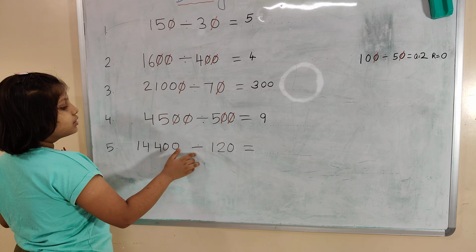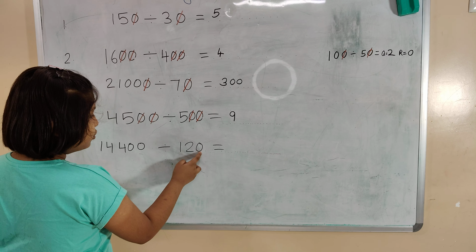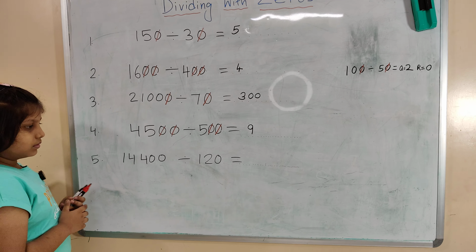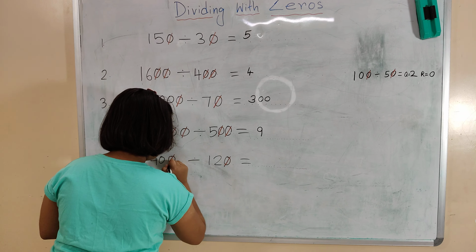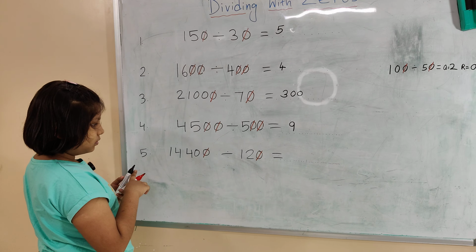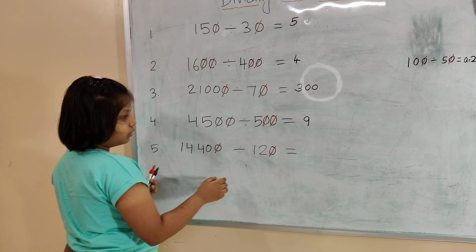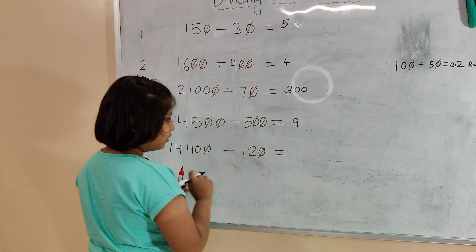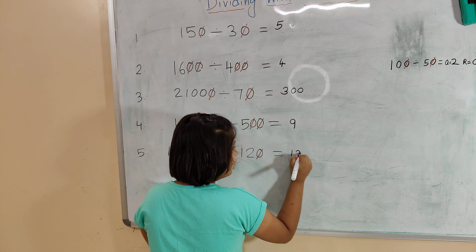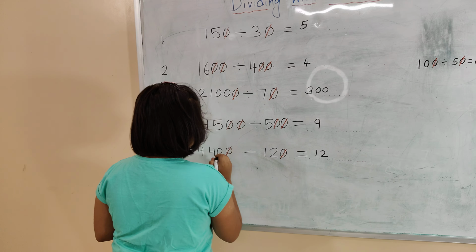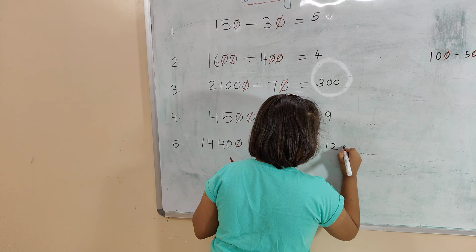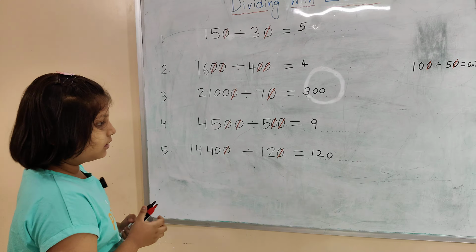14,400 divided by 120. Now 12 twelves are 144. 1 zero is left.